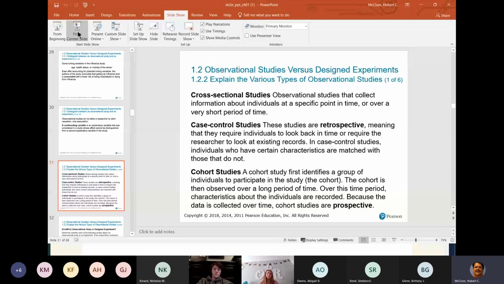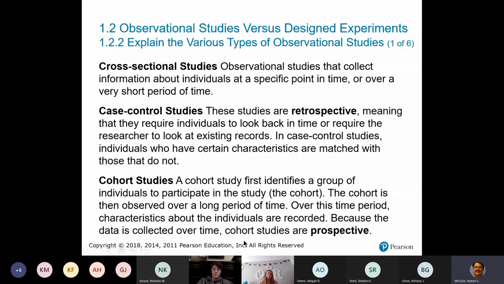But as far as case control and cohort, just write those down right quick in layman's terms. These studies are retrospective, meaning that they require individuals to look back in time or require the researcher to look at existing records. In case control studies, individuals who have certain characteristics are matched with those that do not.